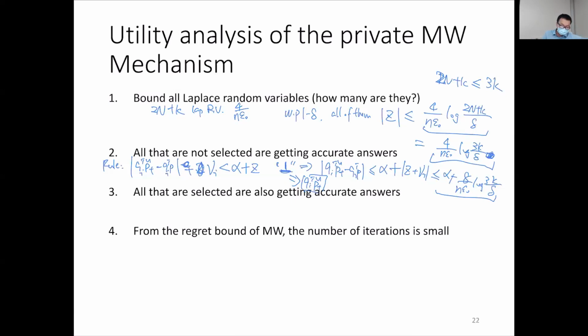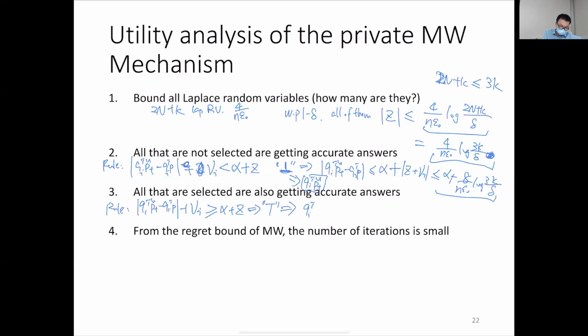So next, we'll show that all that is selected, which is above threshold, are also getting accurate answers. The rule for this to happen is q_i transpose P tilde t minus q_i transpose P plus nu i is larger than or equal to alpha plus z, right? And what this says is that the actual output that I return as an answer from my curator algorithm is going to be a perturbed version of the ground truth.